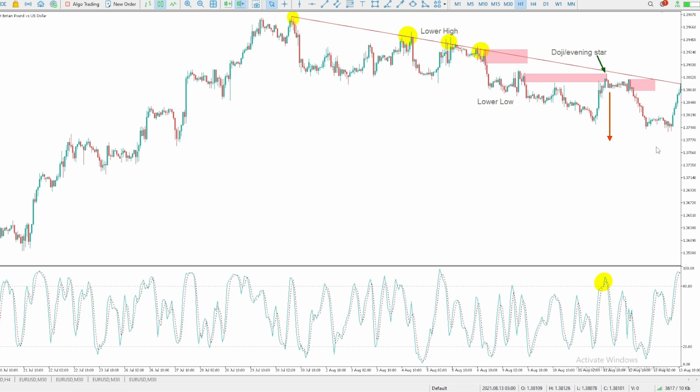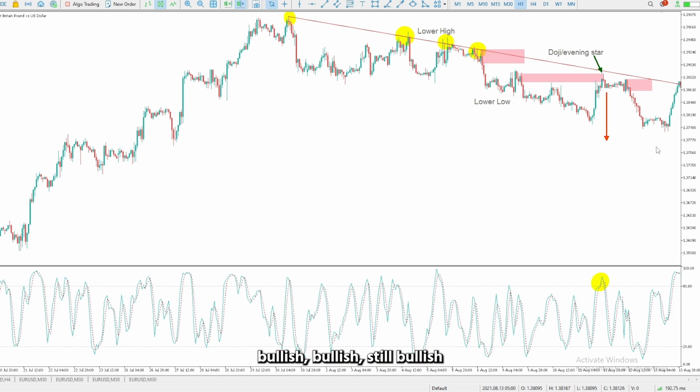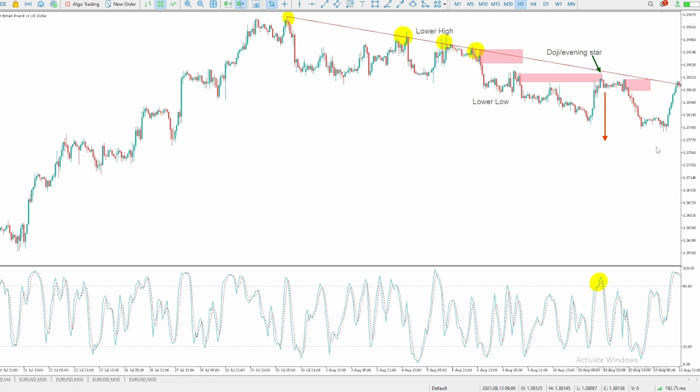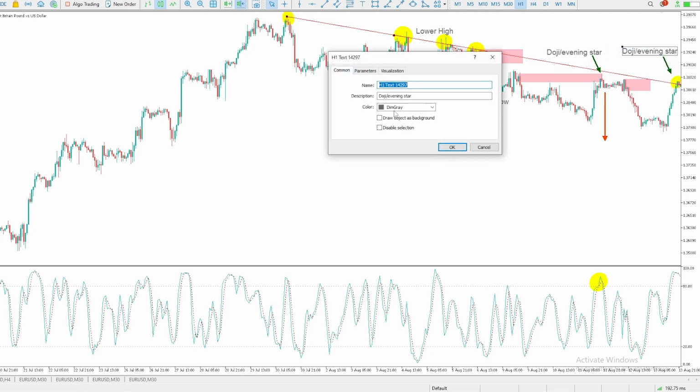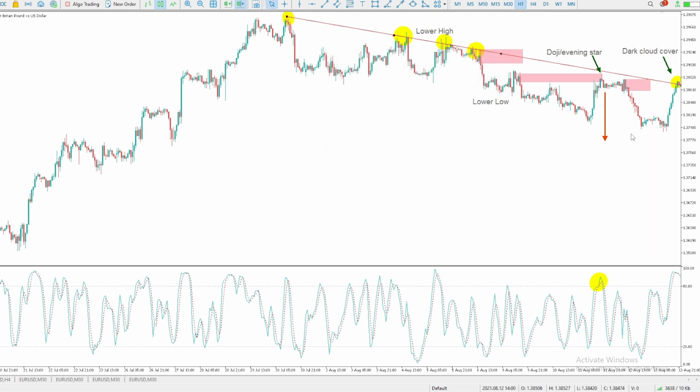Price is still bullish, still bullish, and as we can see, here is a dark cloud cover inside the supply zone as a bearish reversal signal.